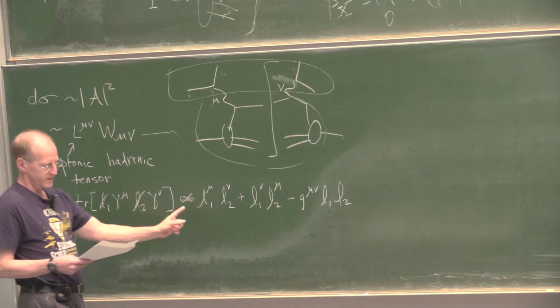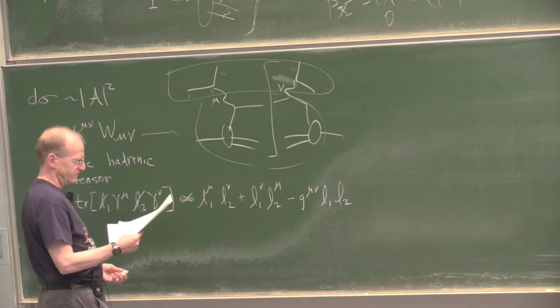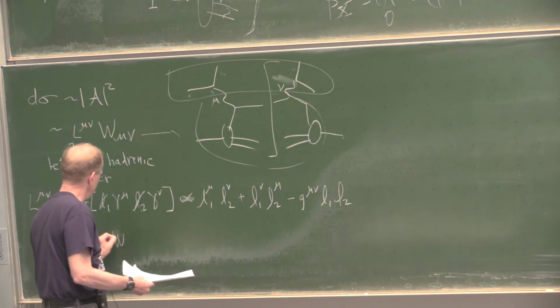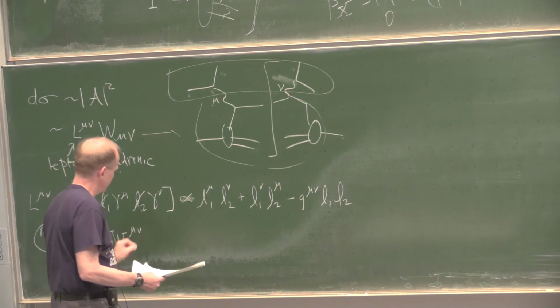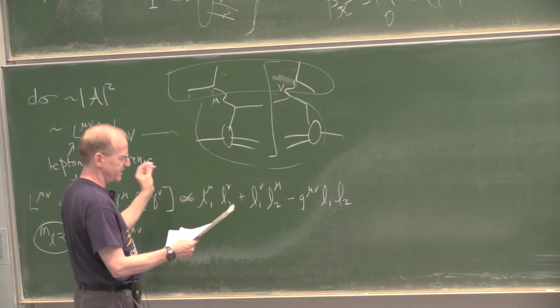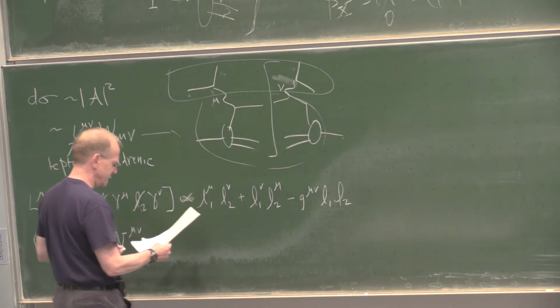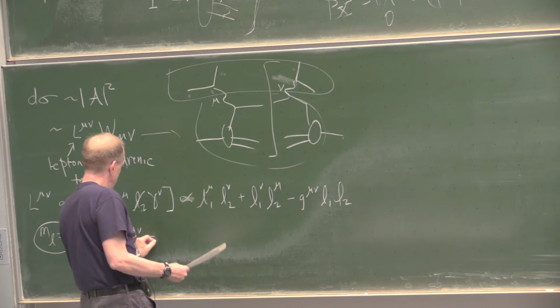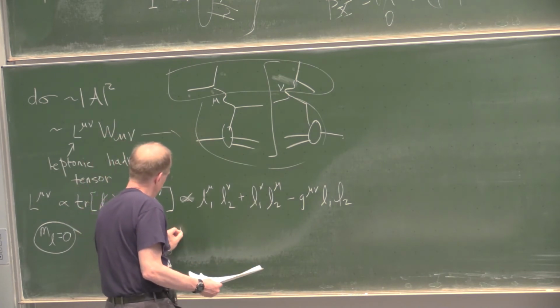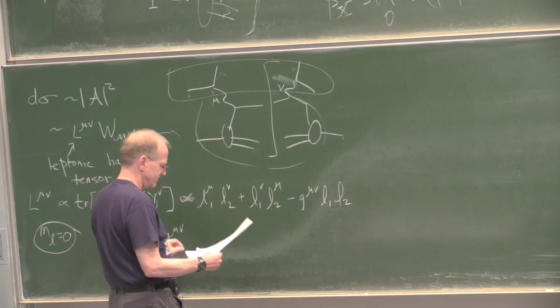But anyway, the leptonic tensor has a very definite form, whereas the hadronic tensor, in general, before we apply factorization and perturbative QCD, we can write as a more generic form.